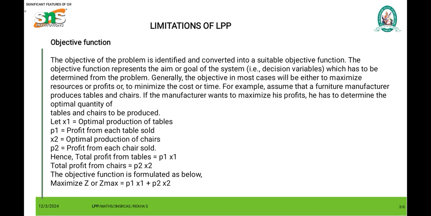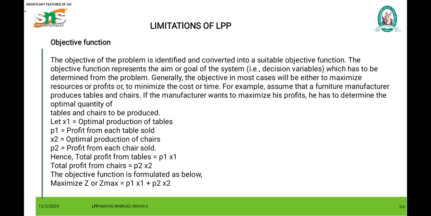To construct the LPP, first of all we have to choose the decision variables. The objective function is either a maximization or a minimization. Maximization means resource or profit should be maximized, whereas minimization means cost or time must be minimized. For example, if you manufacture tables and chairs, we have to maximize the profit.